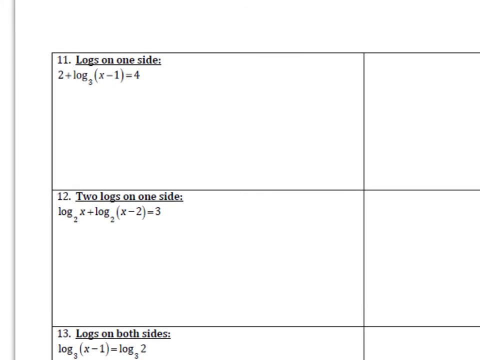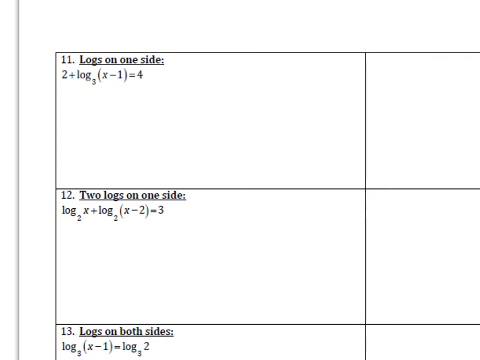All right, so this page we have problem 11, 12, and 13. Now, this first example is when we have logs on one side. So what that still means is that we need to isolate with inverse operations. To isolate this, our first inverse operation is to take care of that 2. So we are going to be subtracting 2 from both sides.